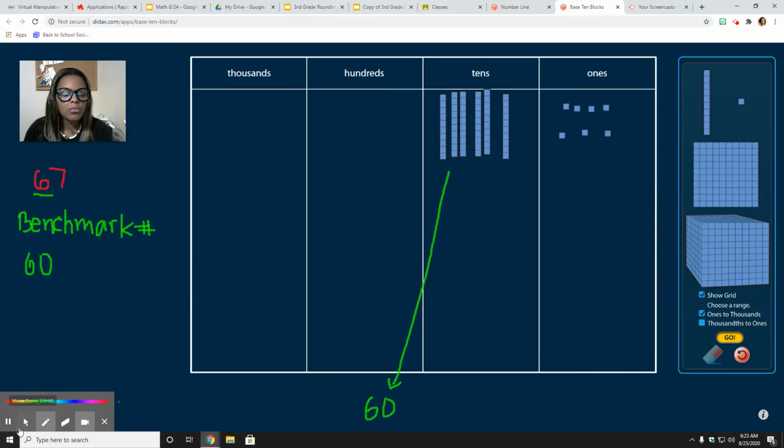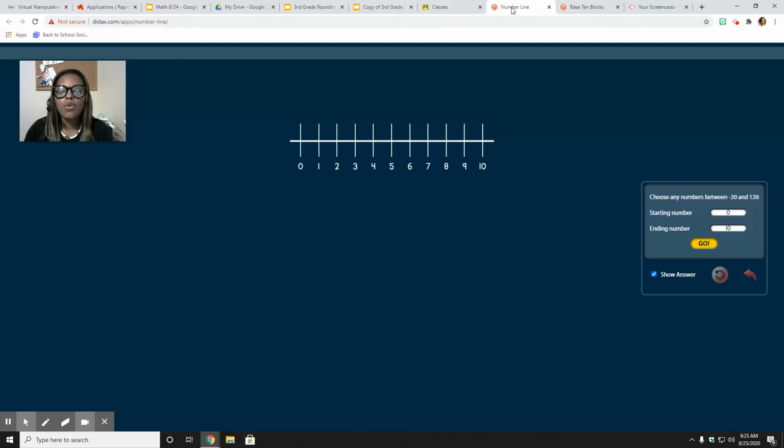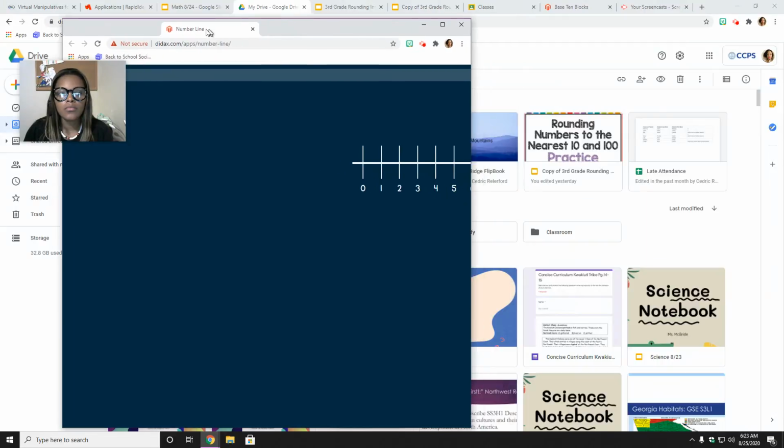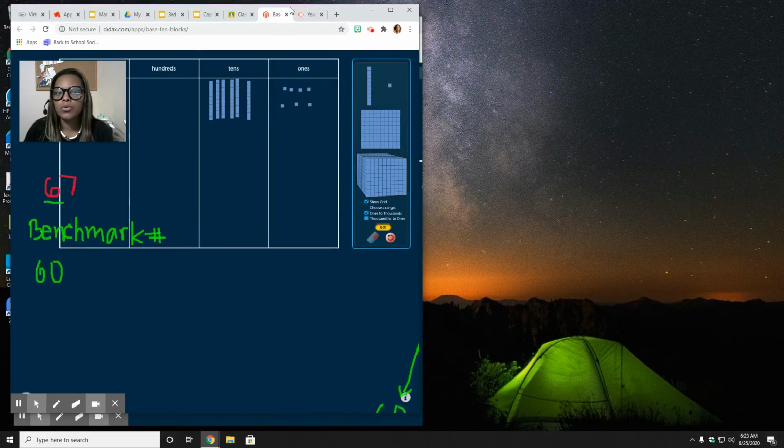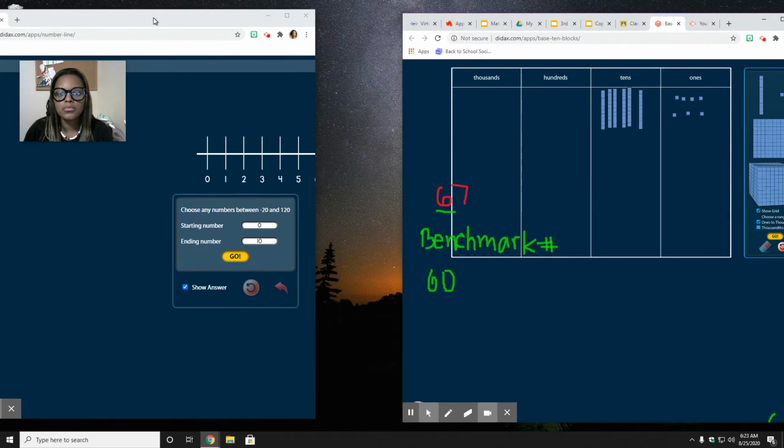So we need a number line. Let's get a number line. So here's my number line, and I've already identified my first benchmark number as 60. And my second number, we're going to jump by multiples of 10 to identify that one. I just want to move these side by side because you need both.